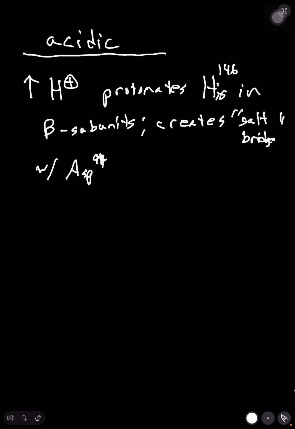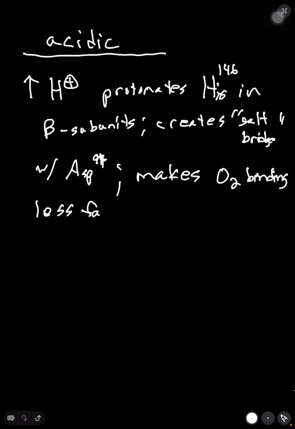And so the positive of histidine, the negative of aspartic acid, they will form a salt bridge there, right? And the result of the salt bridge is that it makes oxygen binding less favorable. All right, so increased H plus concentration, more acidic environment makes oxygen binding less favorable.